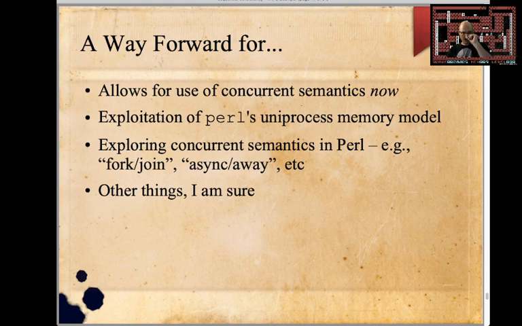Other things that I'm going to be looking at, I'm sure there's a way to do async and await. But I'm still trying to wrap my head around what futures are in this uniprocess context, and this actually is one of the things that made me start thinking about this. I kind of get what futures are. I know what async is. I know what await is. I know what futures or promises and that kind of stuff are.